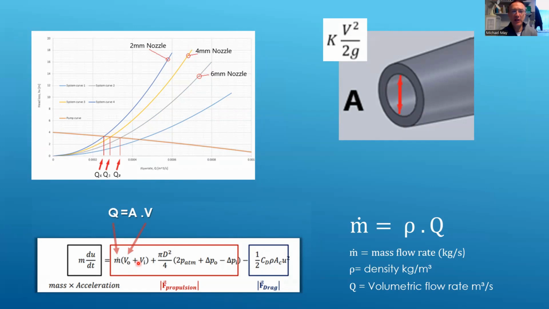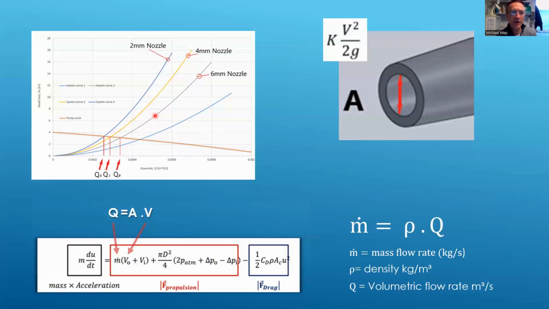So let's say you create a nozzle that brings the diameter down to 6 mil. It's going to have a minor loss associated to it. You calculate that minor loss over a range of flow rates and update your pipe characteristic curve. So you go from the blue line here to the gray line that I've labeled 6 mil nozzle.